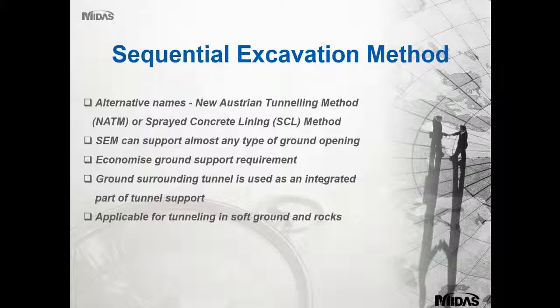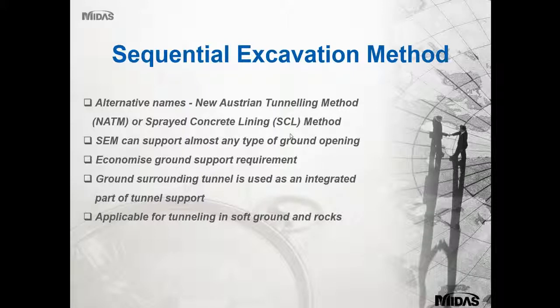So just to briefly talk about the sequential excavation method, which is for tunnel construction and is also known as the New Austrian Tunnelling Method, which is the NATM, or the SCL, which is the sprayed concrete lining method, with some modifications done to the original NATM method to make it suitable for applications in soft ground.